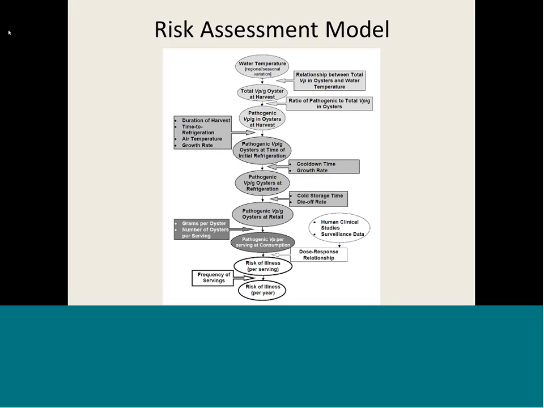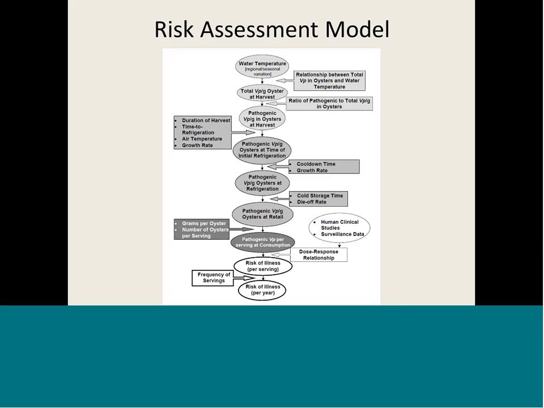Water temperature is a major determinant in supporting Vibrio parahaemolyticus growth in the aquatic environment. And so we'll begin with water temperature, and then we're going to move on and see what our initial estimate of the total number of Vibrio parahaemolyticus per gram of oyster flesh is at the time of harvest.